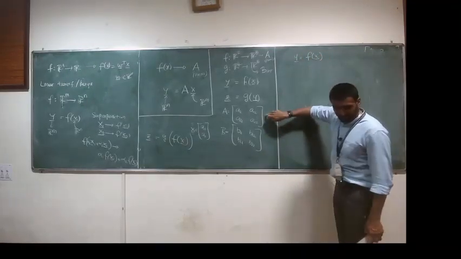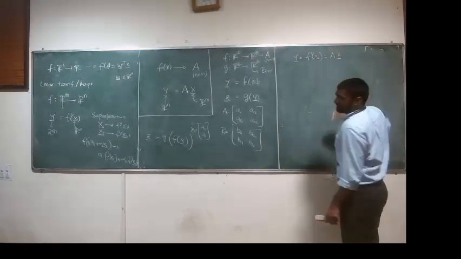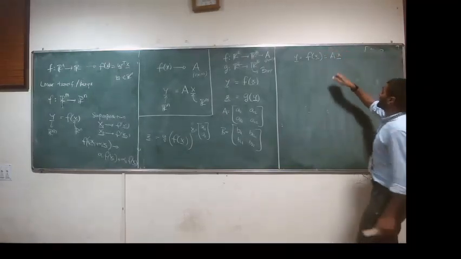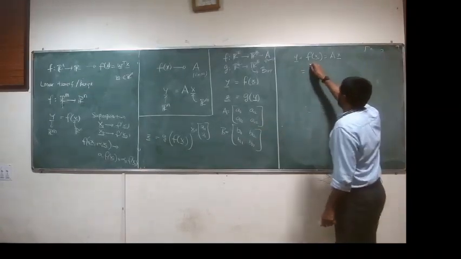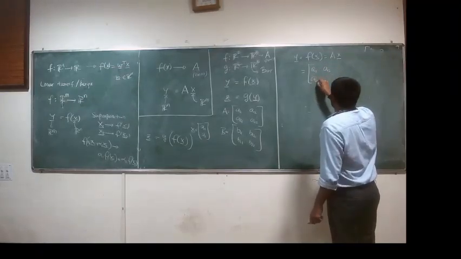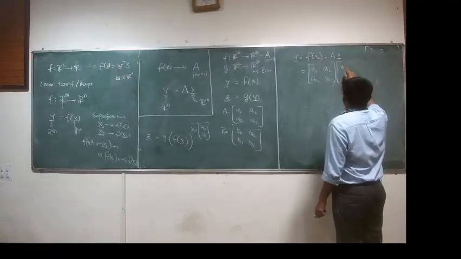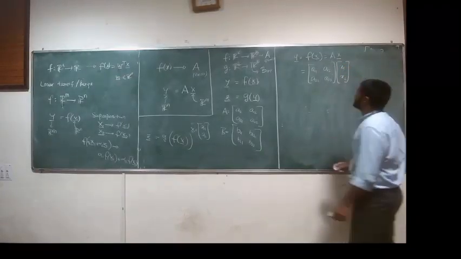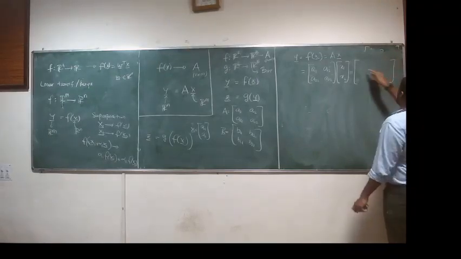F is represented by A. That means this is nothing but A times x. So what is my y? Can you tell me what is y? You simply have to do the matrix multiplication. So this will be a11, a12, a21, a22 times x1, x2. What will this be? Tell me the exact values that you get here.